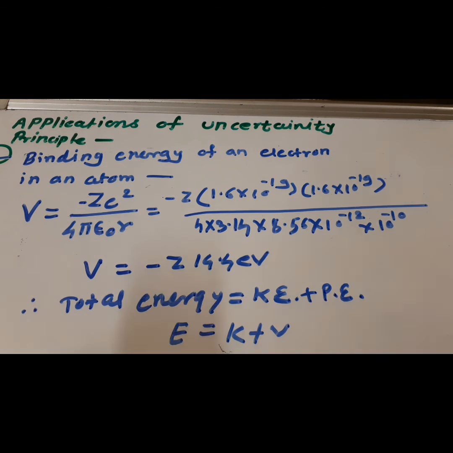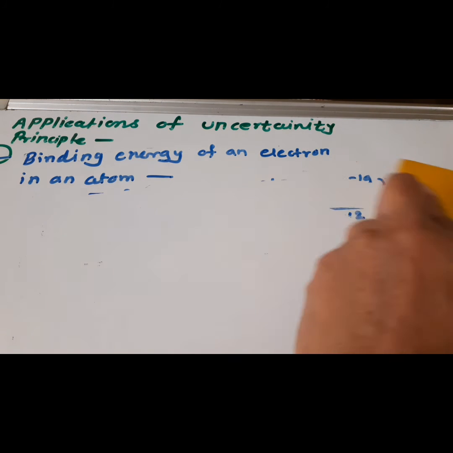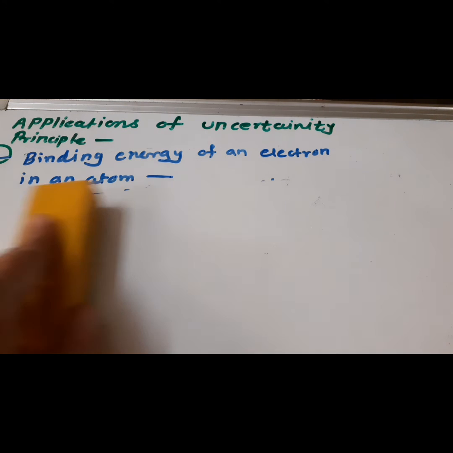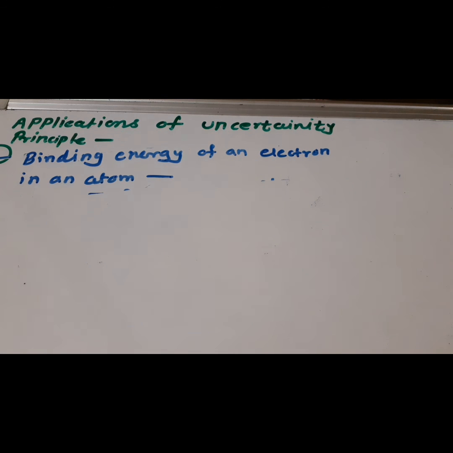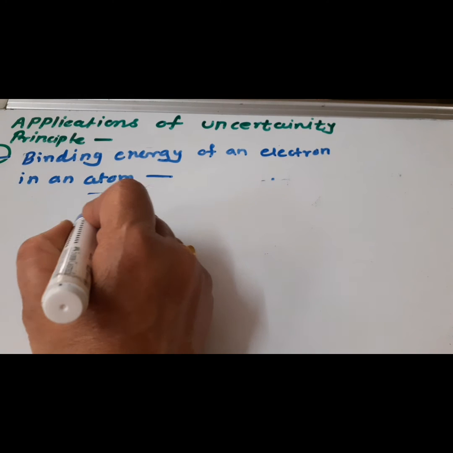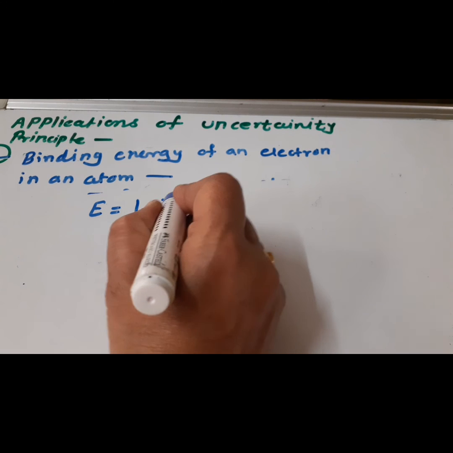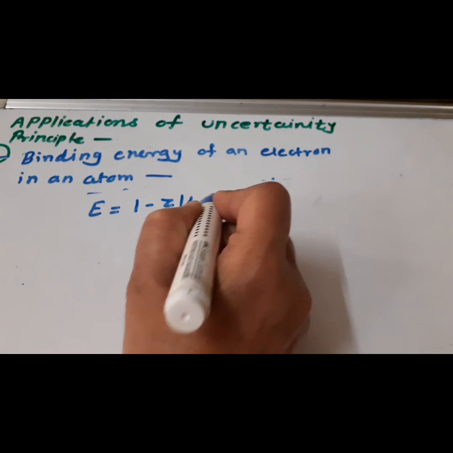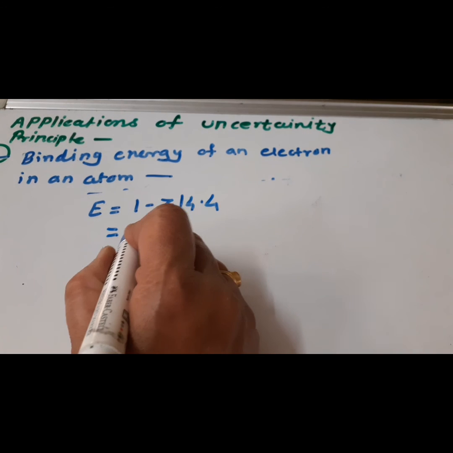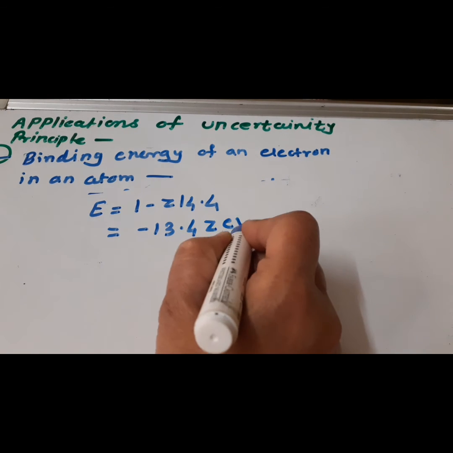And we have already calculated the kinetic energy as well as the potential energy. Then E is equal to 1 minus Z into 14.4, that is equal to minus 13.4 Z electron volt.